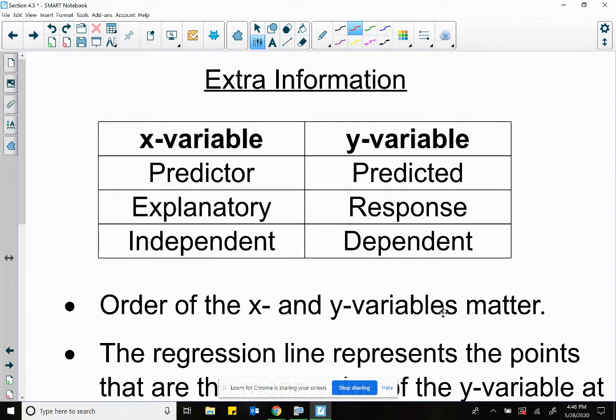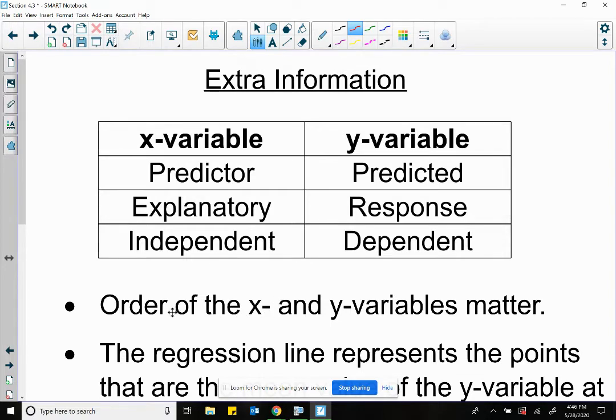But in here, when you're looking for the regression line, if you switch the variables, that changes the line. It doesn't change the correlation coefficient, it changes the line. And I'll show you that in a problem or two.